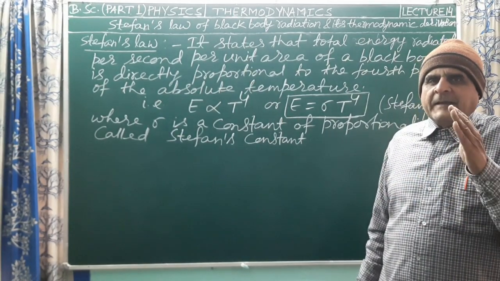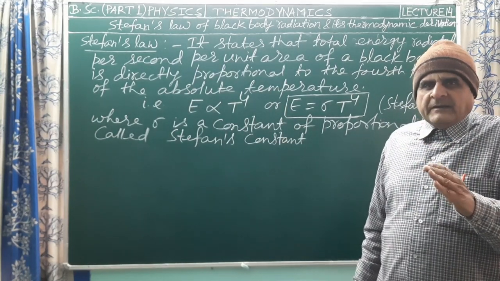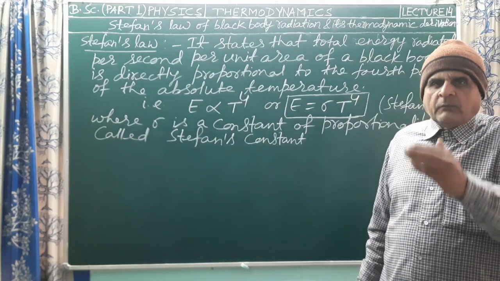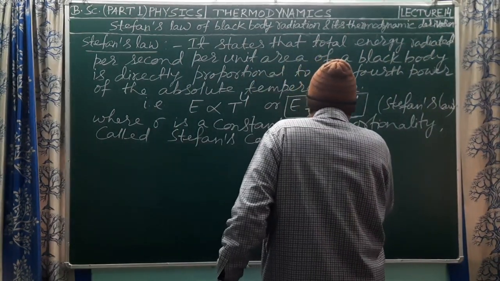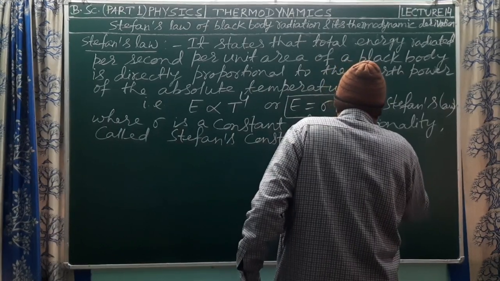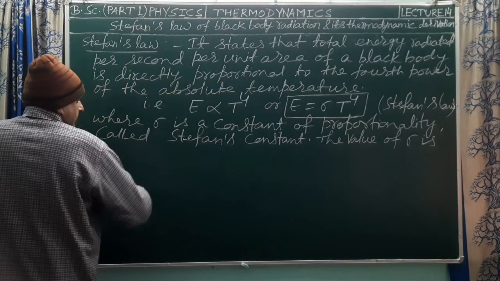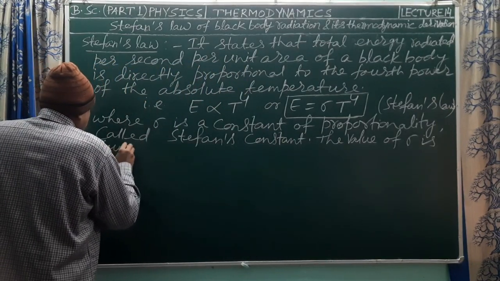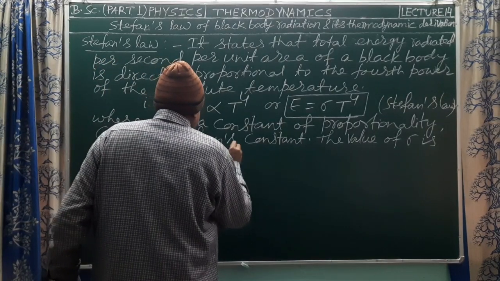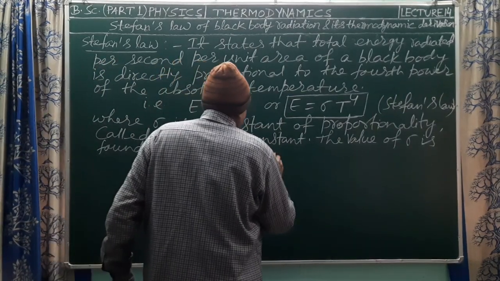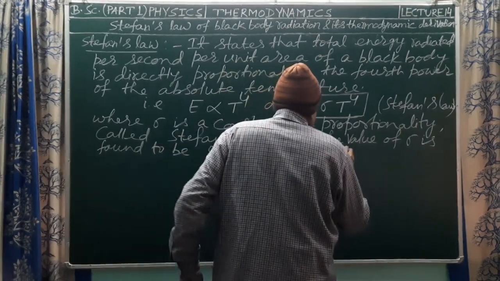That is, sigma is equal to 5.67 multiplied by 10 to the power minus 8 watt meter to the power minus 2 Kelvin to the power minus 4.